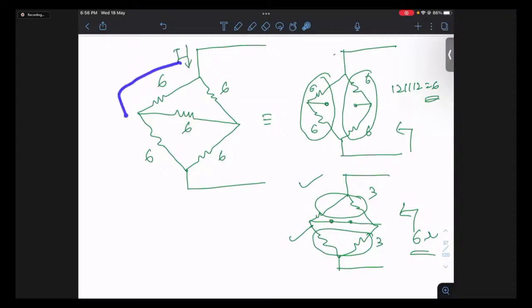If I scan this path, it is 6, and then it is divided into 6, 6. Here also, 6, and again divided into 6, 6. So the circuit is looking symmetrical from this point onwards.